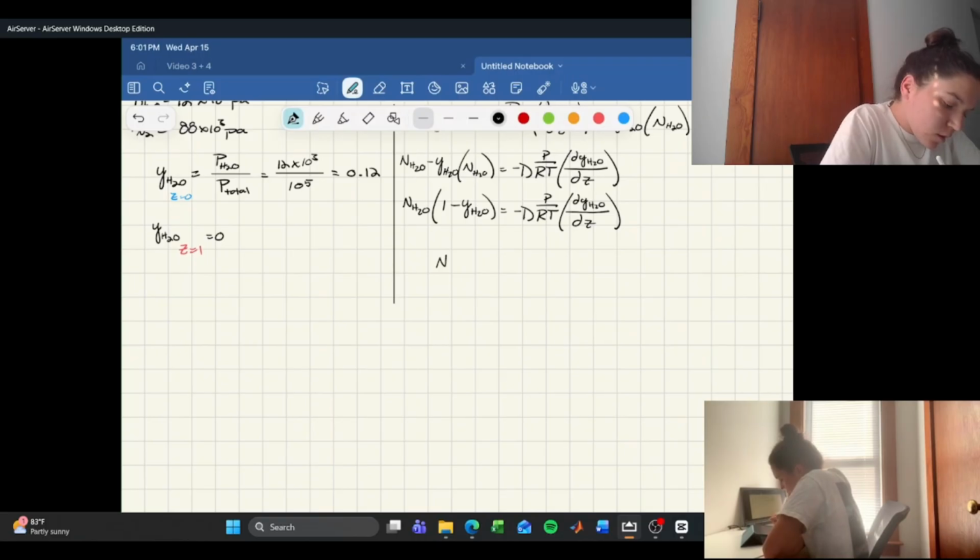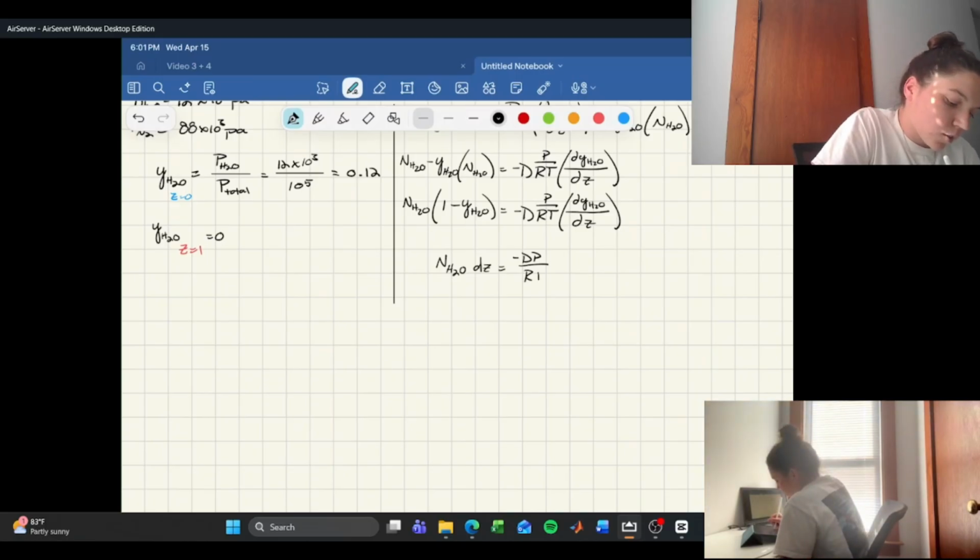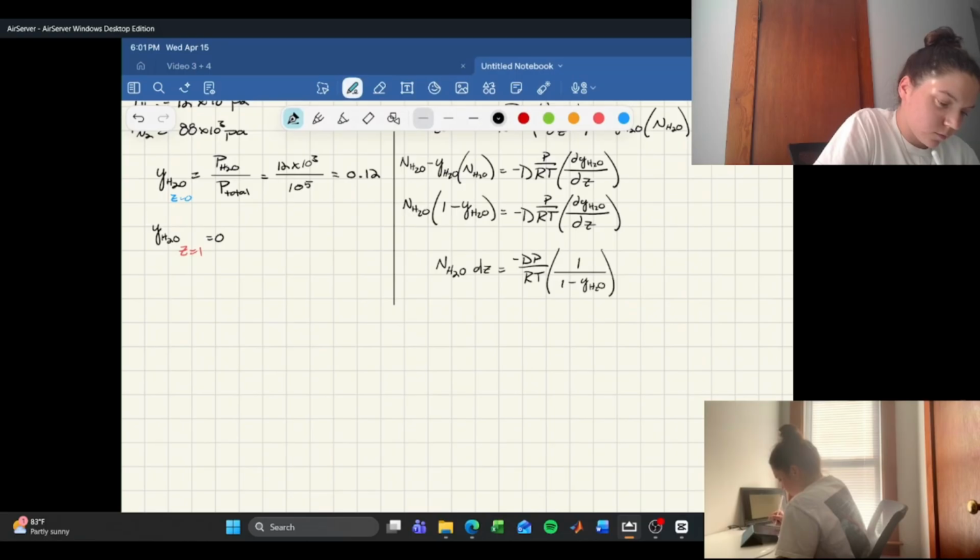So we have the flux of the water dz is equal to negative diffusion coefficient, I'll just put this together, times pressure over the ideal gas constant times temperature times change in mole fraction of water over 1 minus mole fraction of water.